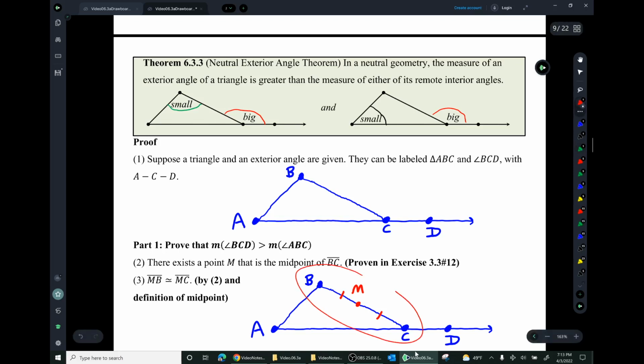That's a result from a homework exercise back in section 3.3. In a homework exercise, the term midpoint of a segment was introduced, was defined, and you had to prove that every segment has a midpoint. And a midpoint is a point that makes that congruence true.